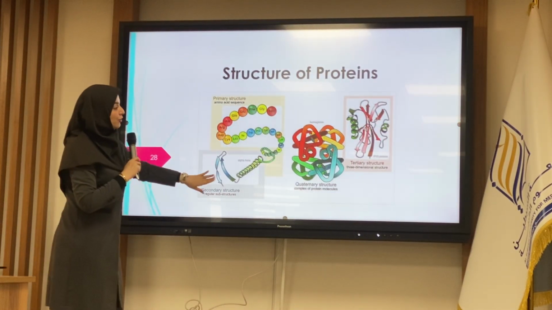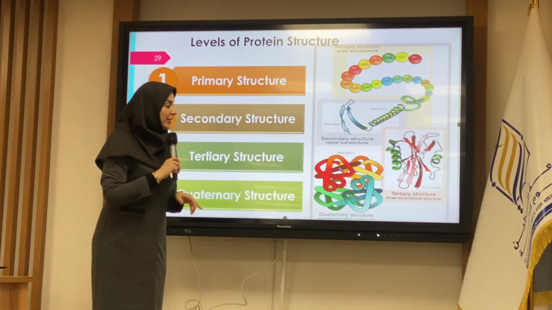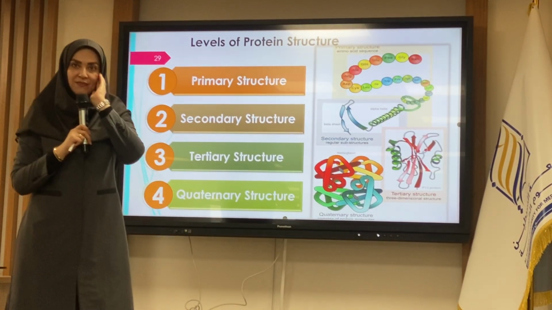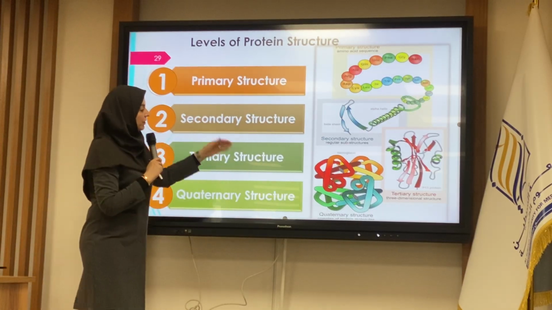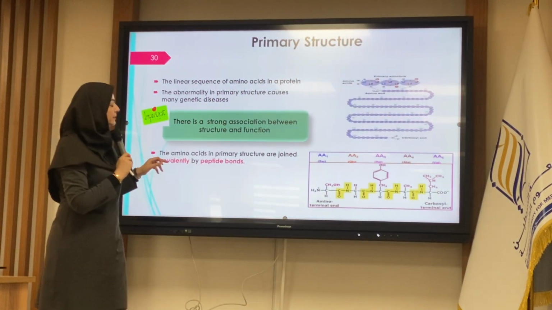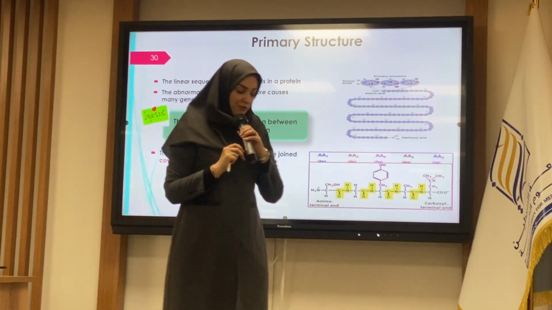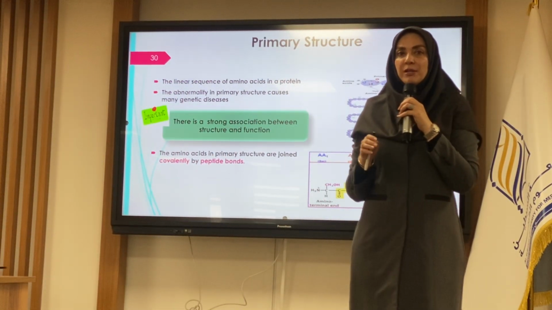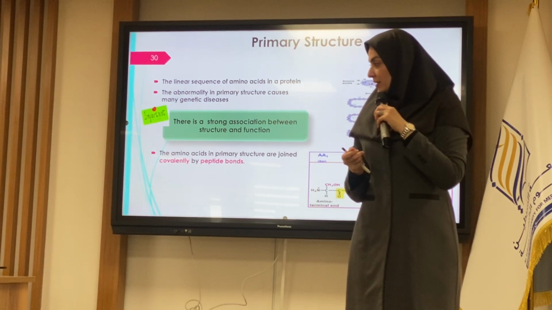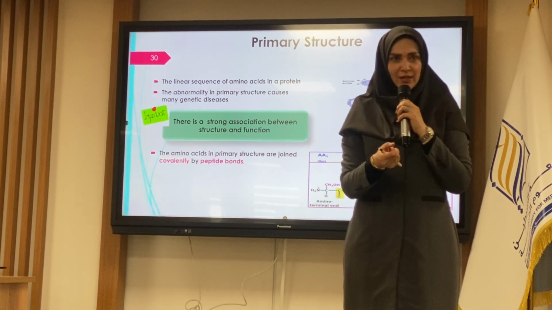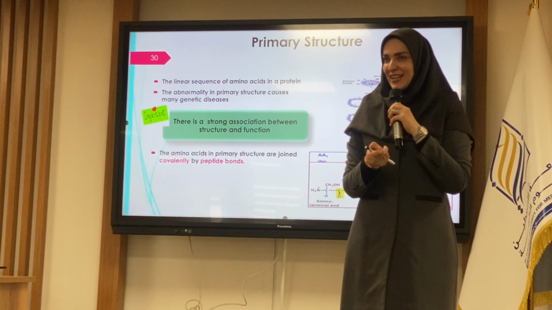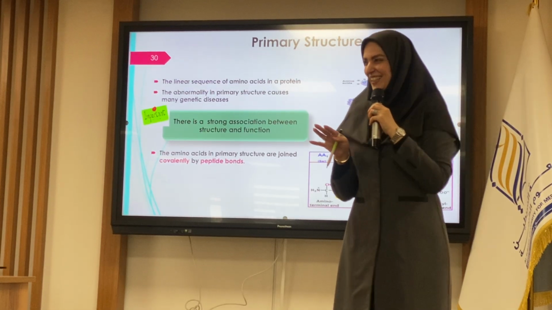About the structure of the protein, are you familiar with it from high school or not? There are four levels of structure. At first we have the primary structure. Primary structure in Farsi we say kasbi, sobhe, as you know, I cannot pronounce.